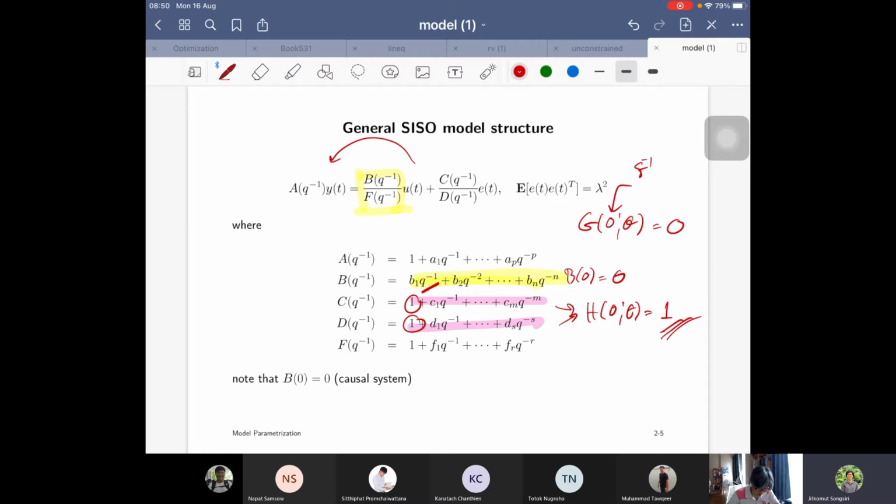Okay, and of course, for scalar, your noise is going to be scalar. The variance becomes a scalar, a positive number, lambda squared.